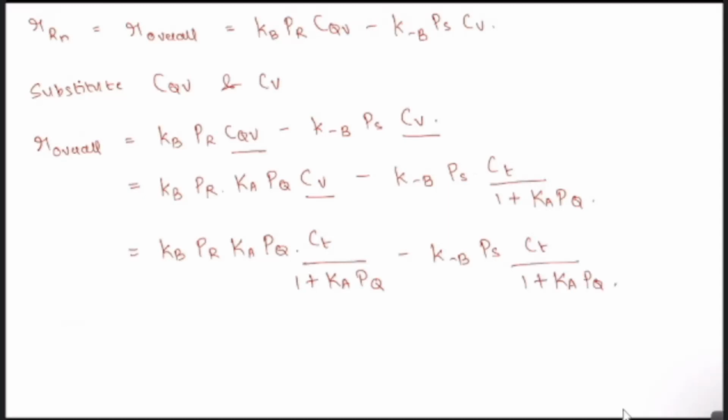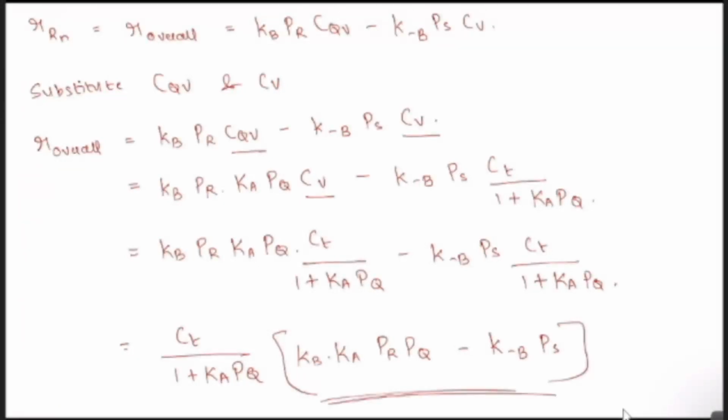So we can take these two terms out. So CT by (1 plus Ka PQ) into (Kb Ka PR PQ minus K minus b PS). So this will be our overall reaction rate.